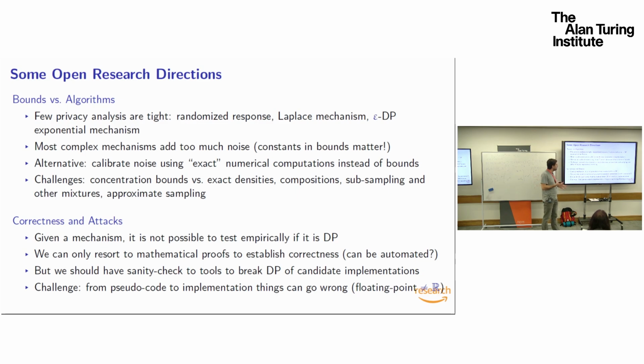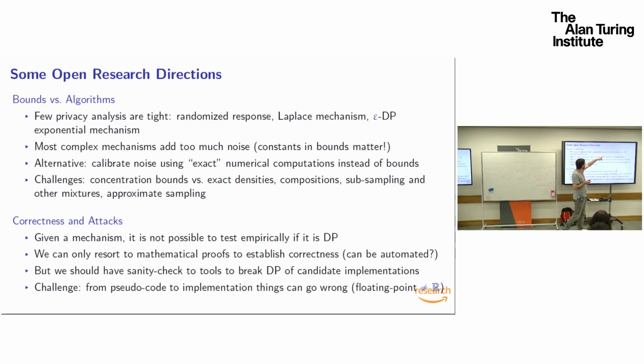Things that I think are very interesting to look at at this moment are one topic that I call bounds versus algorithms. I showed you how you calibrate the noise if you have Laplace noise or Gaussian noise. I told you how you do the calibration when you have exponential mechanisms. But few of these analyses are tight.